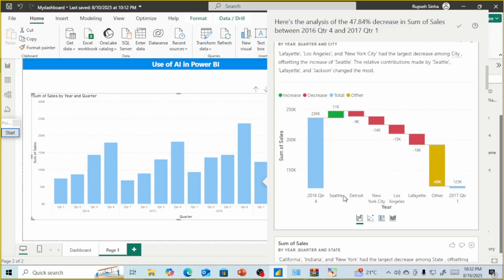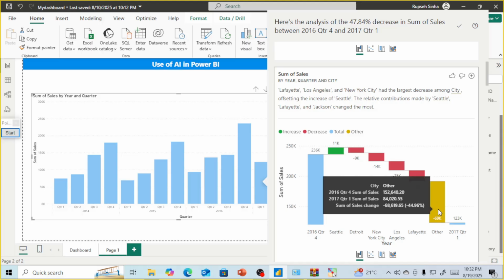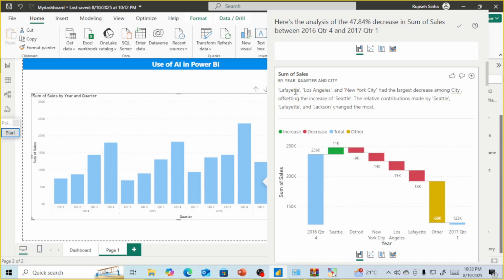Now let us go to the next one. Here it is giving names of the places, that is, which cities are contributing to the decrease in the sales. So a $69,000 decrease in the sales has happened, and it is due to some other city. And Lafayette, Los Angeles and New York had the largest decrease among the cities, and due to that they are offsetting the increase of the Seattle sales.